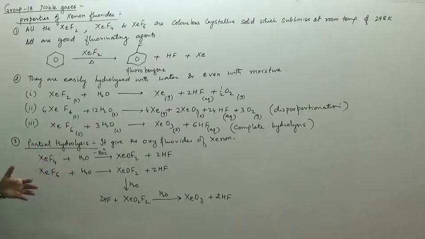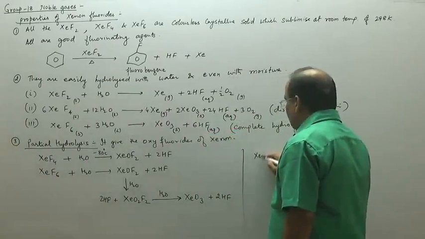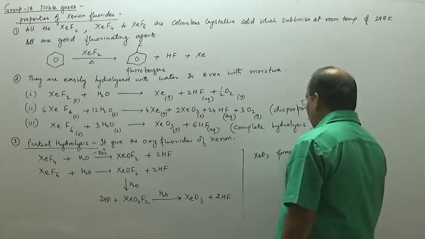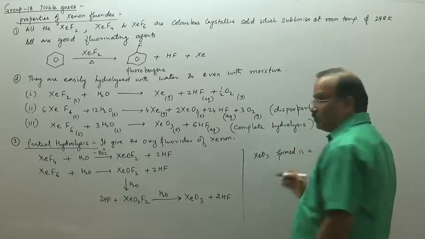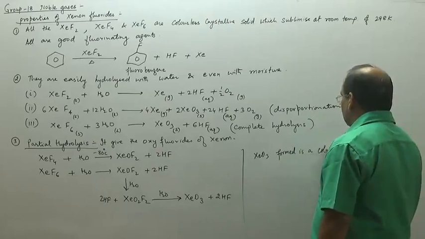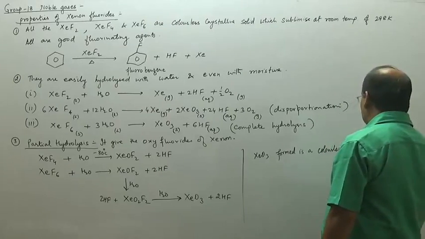which is a colorless explosive solid. We say that HCO3 formed is a colorless solid which is explosive in nature.